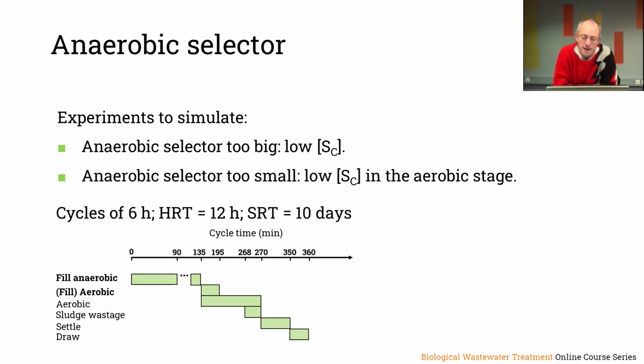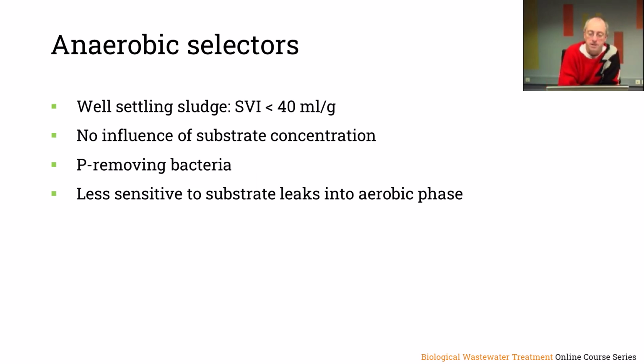Now, again, we can look at whether an anaerobic selector is too big or too small, under similar conditions as we worked for this denitrification. Now with the anaerobic selector we see that we always get very well settling sludge, much better than under the denitrifying conditions. Sludge volume indexes of 40 milliliter per gram. That's effectively granular sludge.